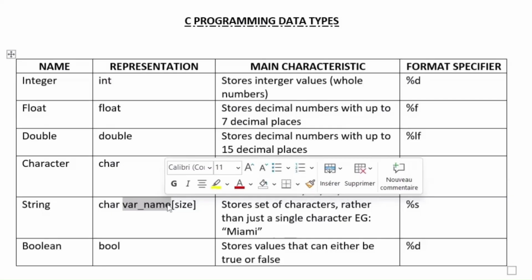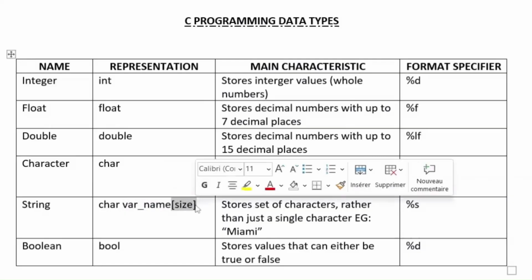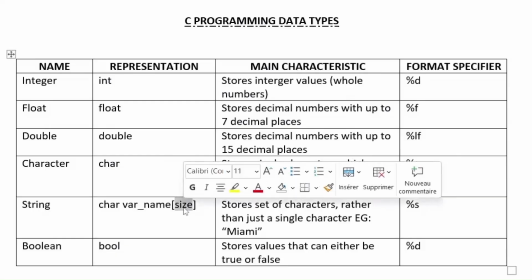And after the variable name, you will write a set of square brackets, and inside the square brackets you will write a number which represents the size of this variable. The size of the variable here means the maximum number of characters in total that you are going to be using, or that you are going to be storing inside this particular variable.